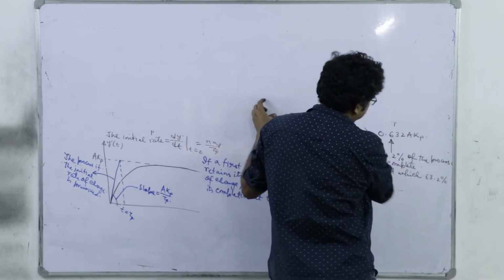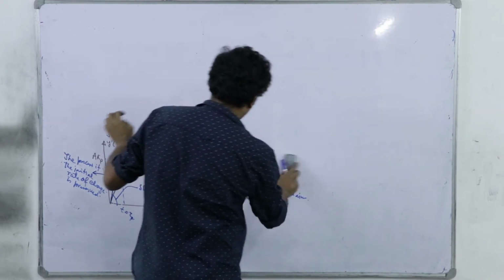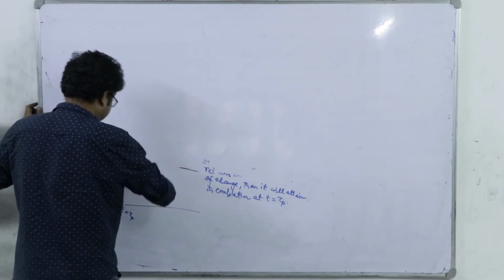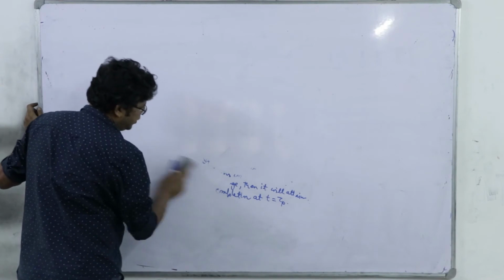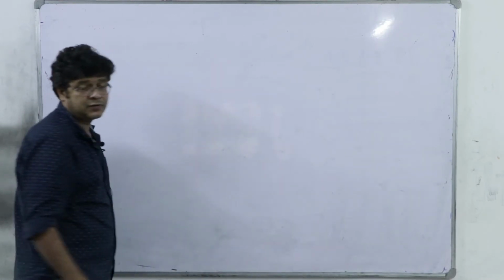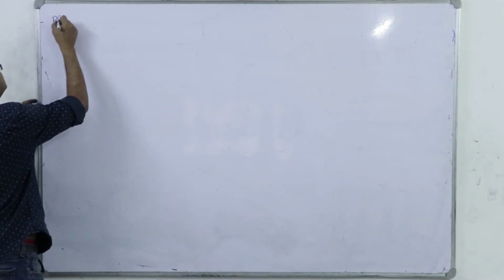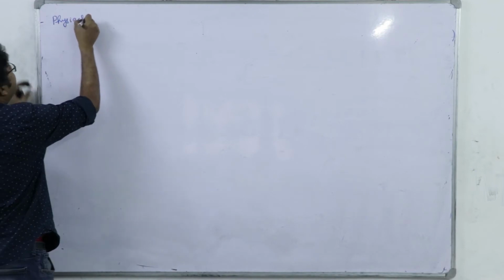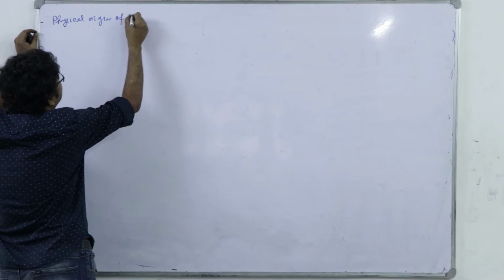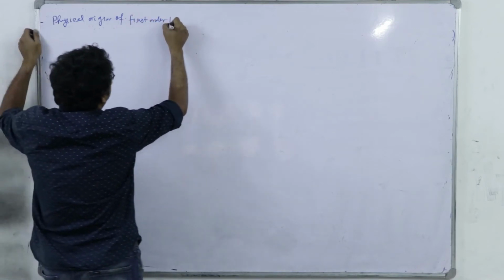Searching the type from different domains, like from hydraulic, from thermal, from mechanical, from electrical, etc. Everywhere we will show you that what type of systems actually exhibits first order behavior. Okay. So physical origin of first order processes.